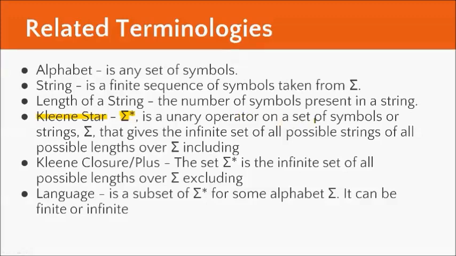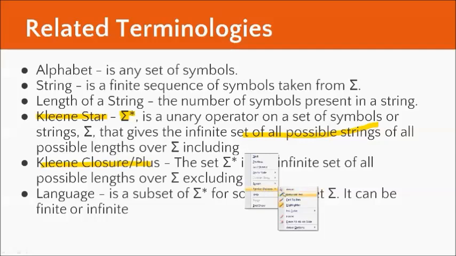This is a unary operator on a set of symbols or strings that gives the infinite set of all possible strings of all possible lengths over the alphabet. So the set of all possible strings, that is the Kleene star. When you say Kleene closure or plus, sorry, let me correct this one.